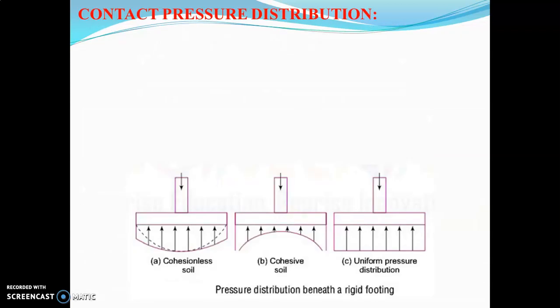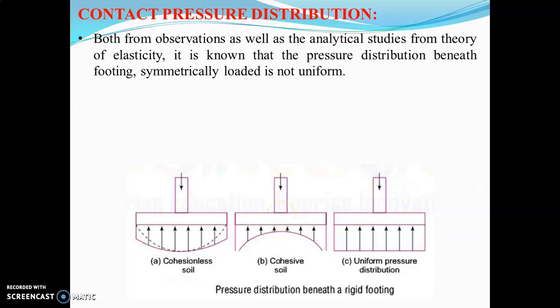Next, let us discuss contact pressure distribution. Both from observations as well as analytical studies from theory of elasticity, it is known that the pressure distribution beneath a symmetrically loaded footing is not uniform.